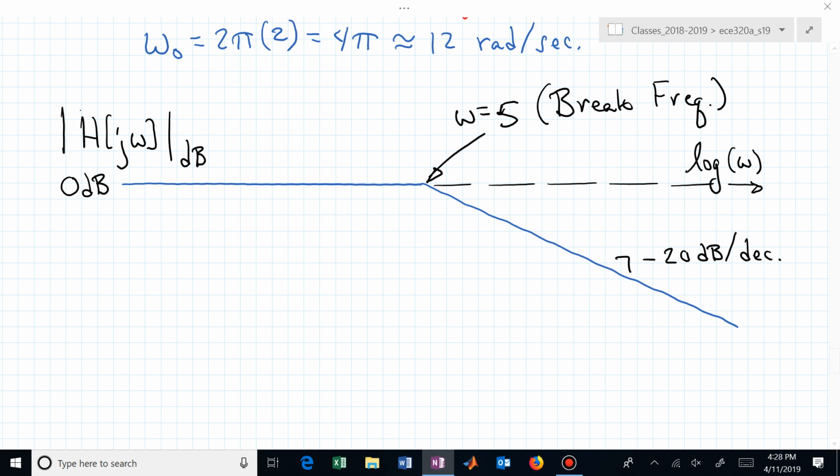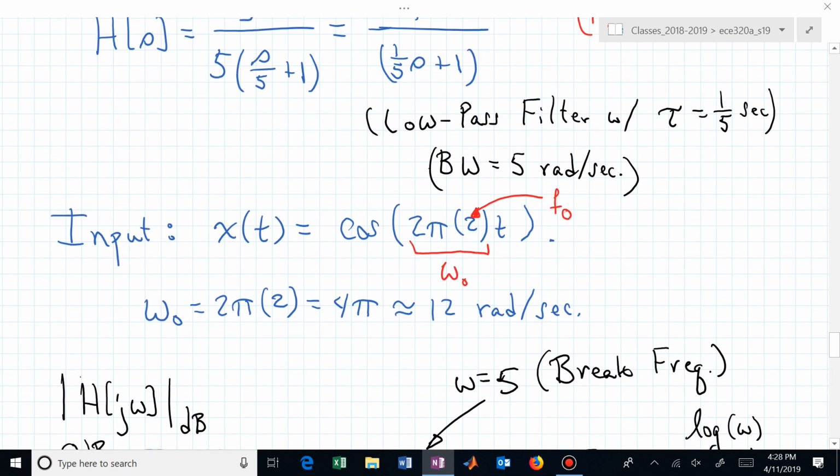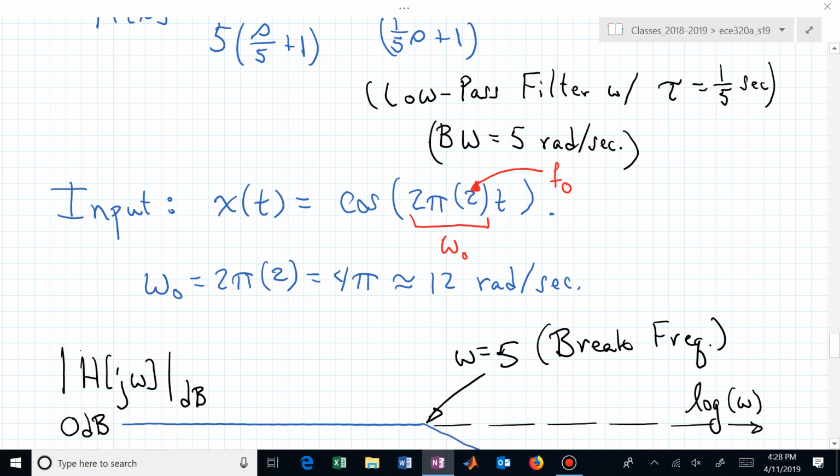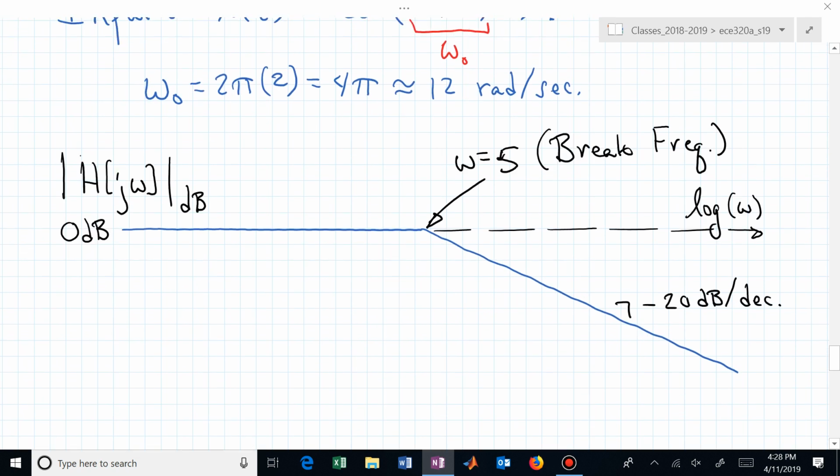In this example, where I said we were applying an x with f naught equal to 2, that's in hertz, so we have 2 cycles per second, which translates into 12.5, 12.6. We're rounding to 12 radians per second. Now we would go over here, and where would we find 12?